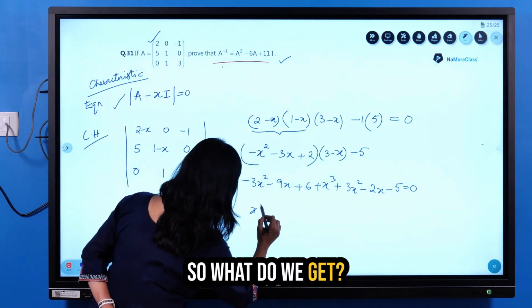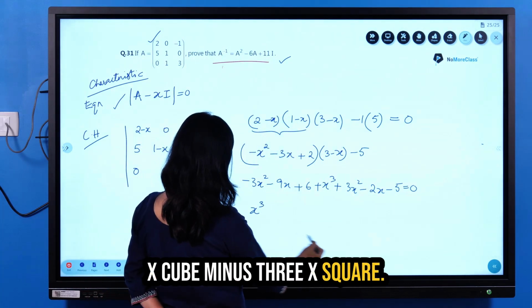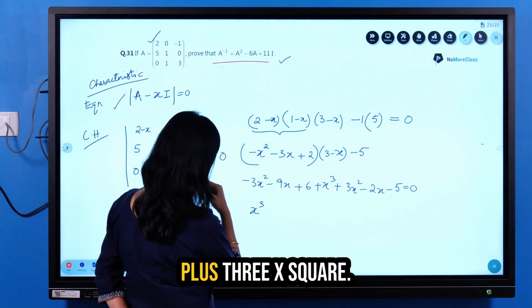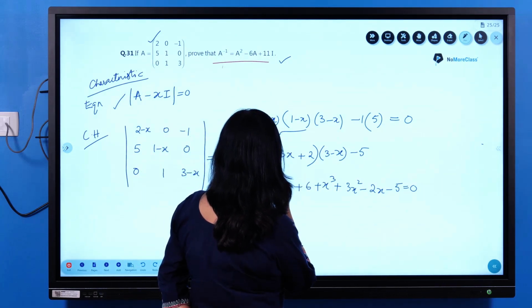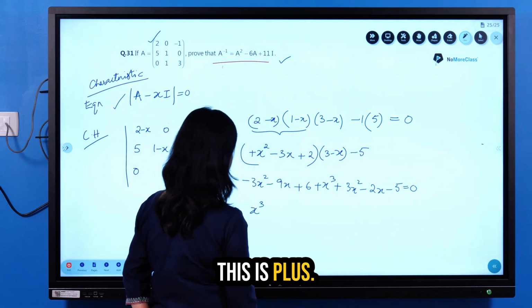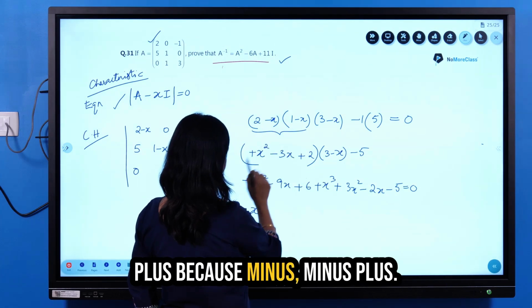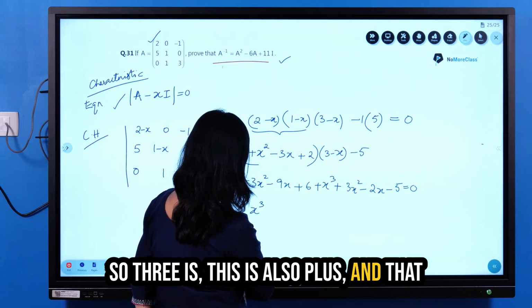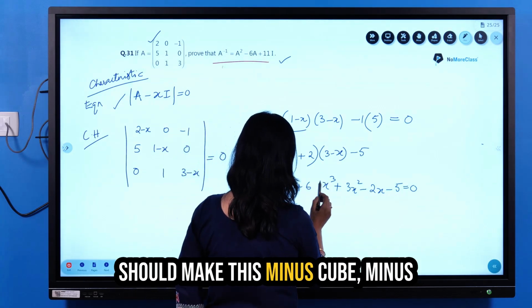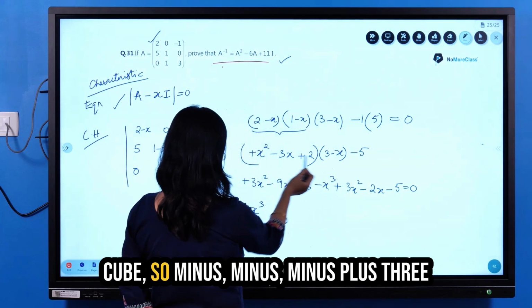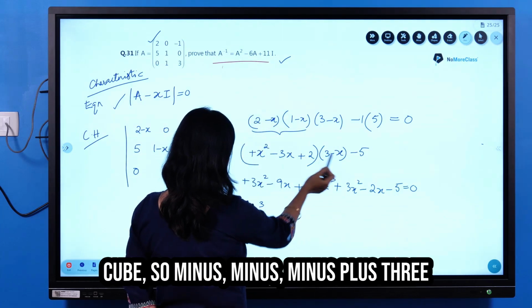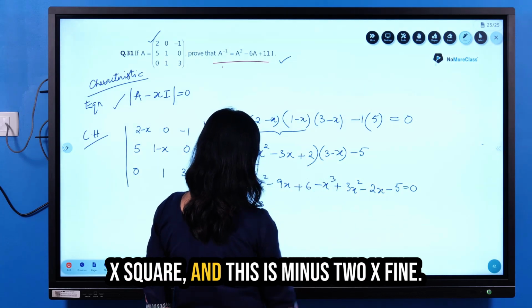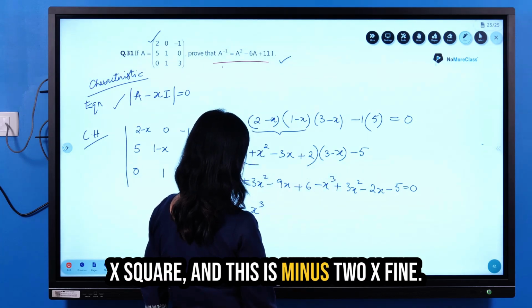So what do we get? Sorry, this is plus, because minus minus is plus, and that should make this minus x cube. So minus x cube plus 3x square, plus 3x square, and this is minus 2x.